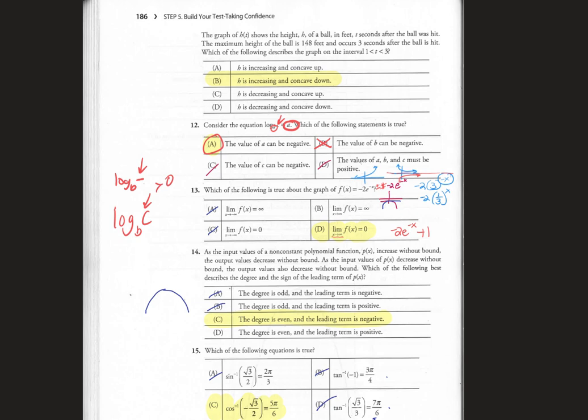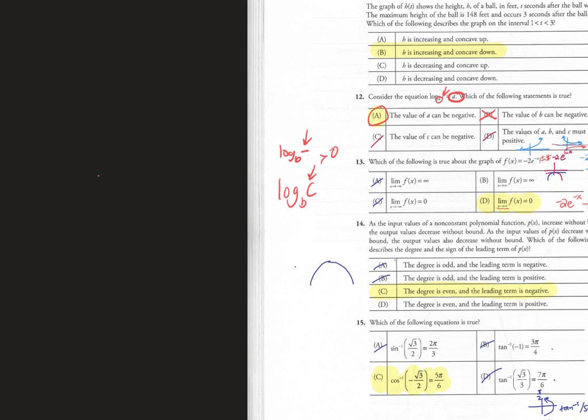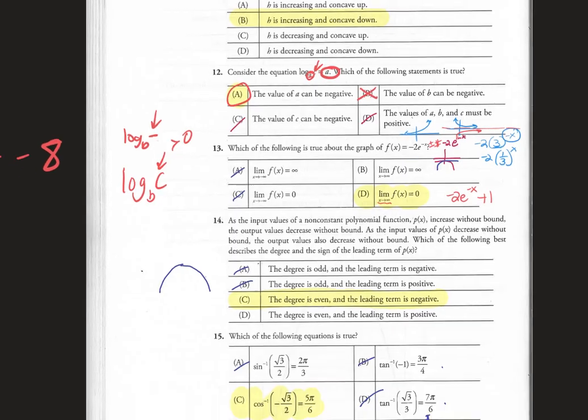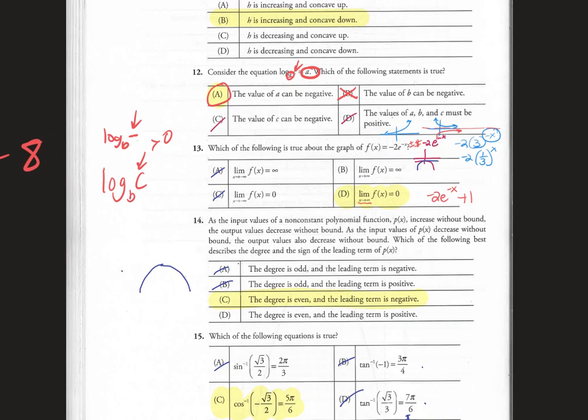You're talking about a coefficient, not a base. If it's negative 2 raised to the 3rd power, that could be negative 8. But you're taking a value here. That number on a log can never be negative. Yep, 27.